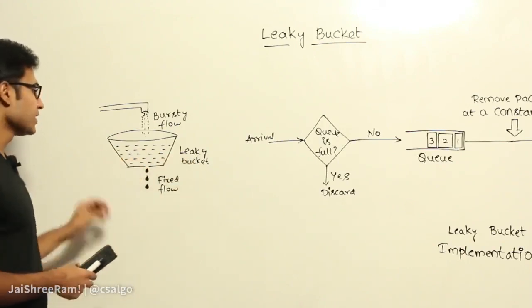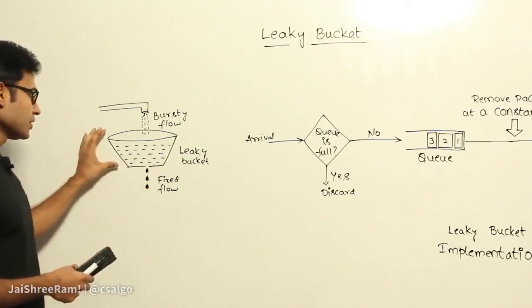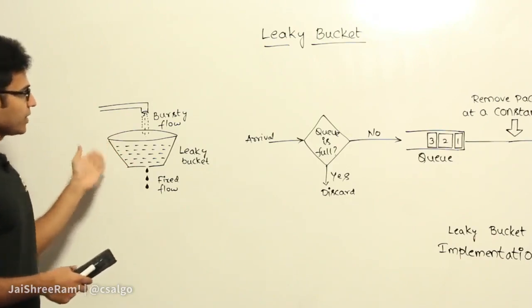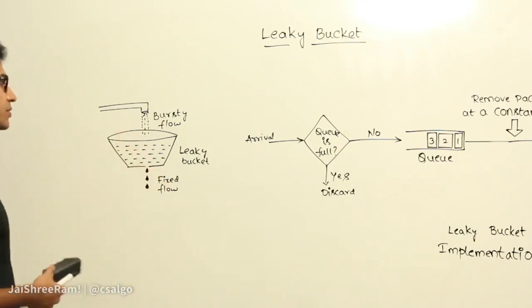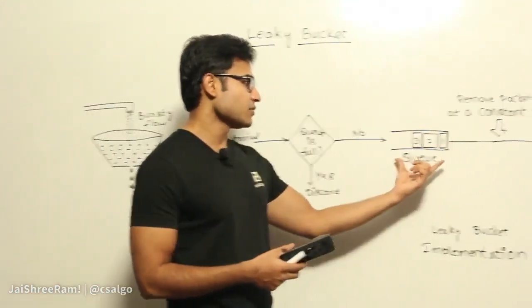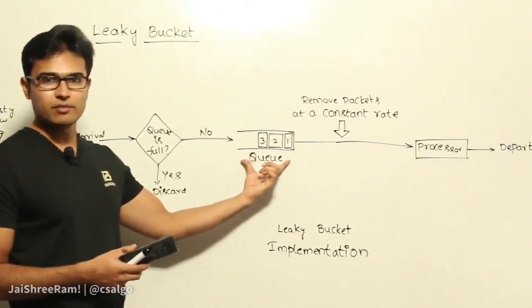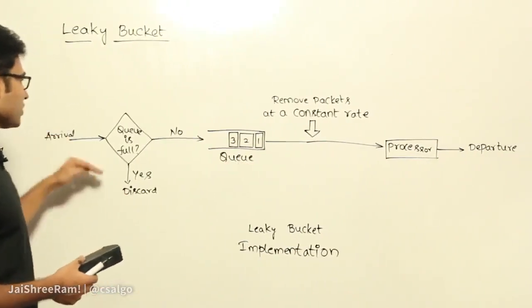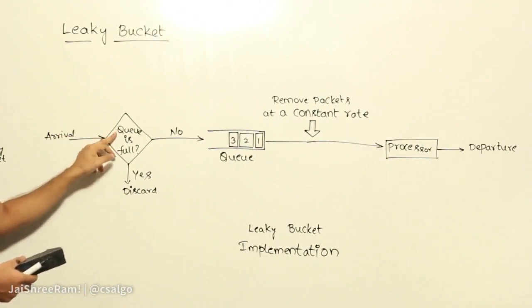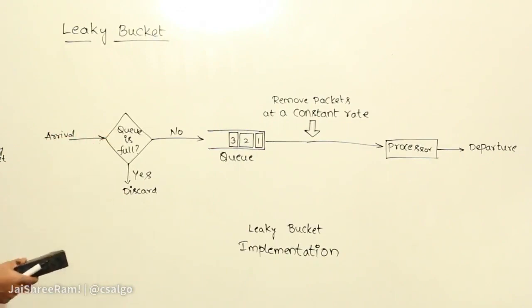So it doesn't mean that inside the host there is something called a bucket. It can be implemented in another way. So let's see how it is implemented. The bucket is implemented in terms of a queue, which is nothing but a buffer. As the packets are produced, we first see whether the queue is full or not.